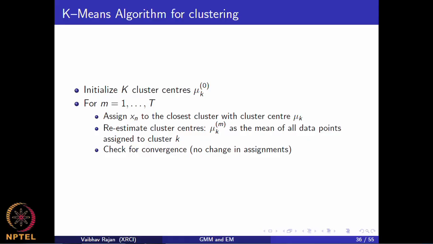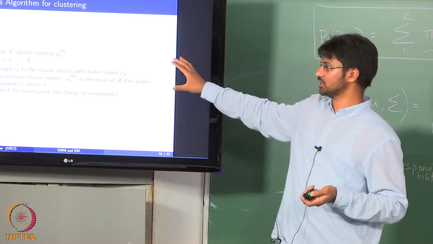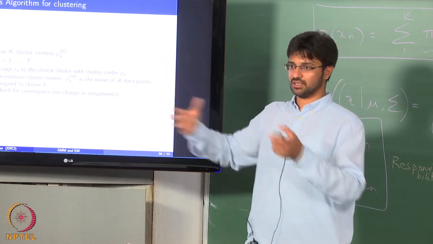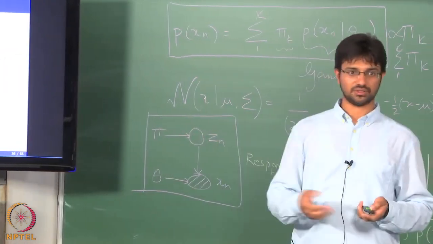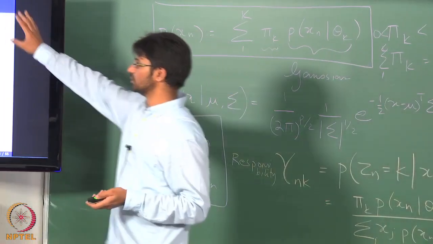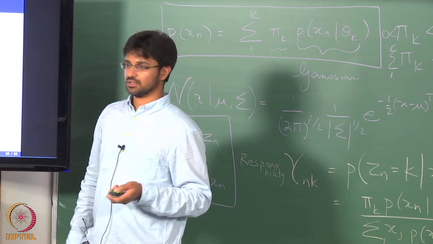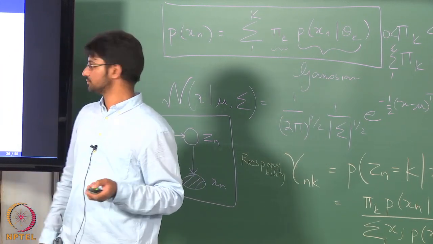So, you are assigning xn to the closest cluster with the cluster center mu k, and then re-estimating the cluster centers as the mean of all data points that is assigned to that cluster. So, k-means is just a special case of Gaussian mixture where the covariance matrix is epsilon times the identity matrix. That is why you just have to compute the means, you do not worry about the covariance, and it follows the same framework of EM that we saw.